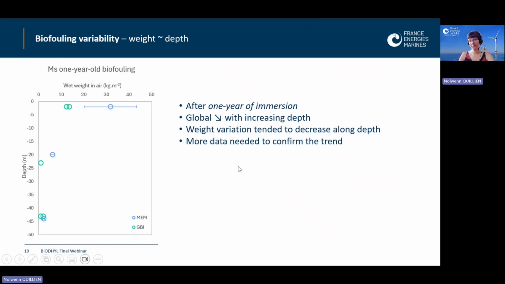And you can see that there is a global decrease of the biofouling weight with increasing depths, and that the weight variation tended to decrease along depth, which is an interesting note. But also more data are needed to confirm this trend.